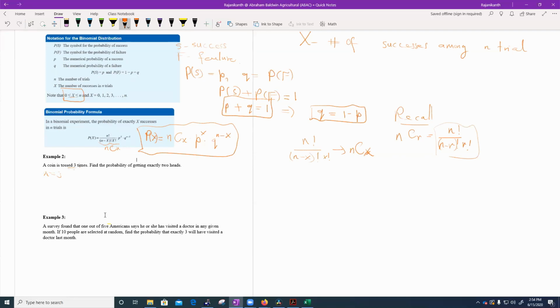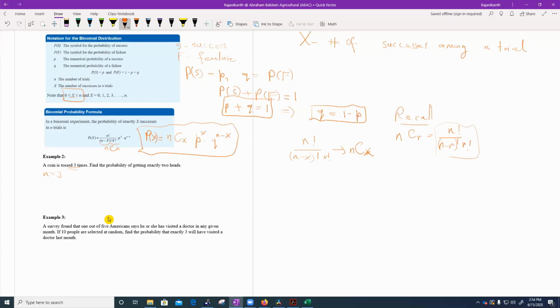Yes, the number of trials is 3, a limited, fixed number. And whenever you toss a coin, there will always be 2 outcomes. You will have either heads or tails. Therefore, 2 outcomes. Each toss, each trial, is independent, because the outcome of your first trial does not depend on the second one, right?